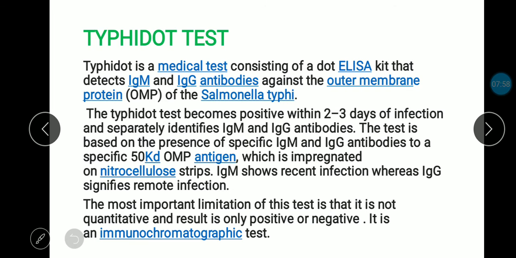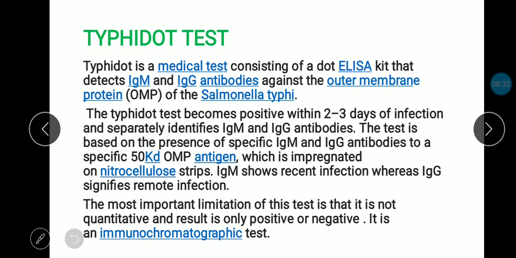This test is a medical test consisting of a dot ELISA kit that detects IgM and IgG antibodies against the outer membrane protein of Salmonella typhi. The Typhidot test becomes positive within 2 to 3 days of infection and separately identifies the IgM and IgG antibodies.